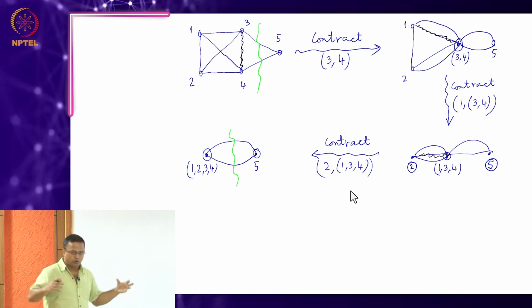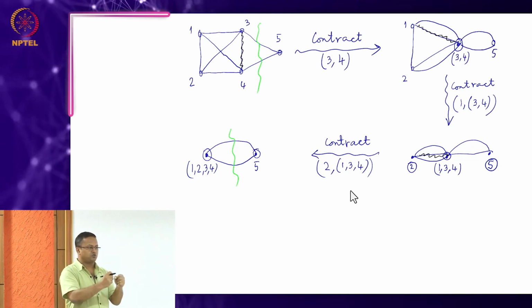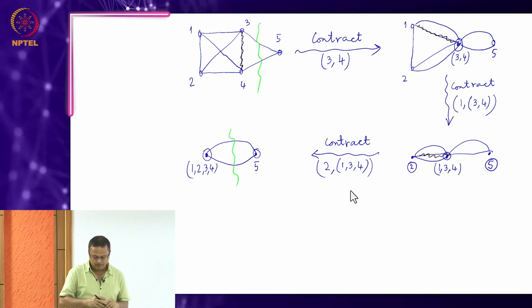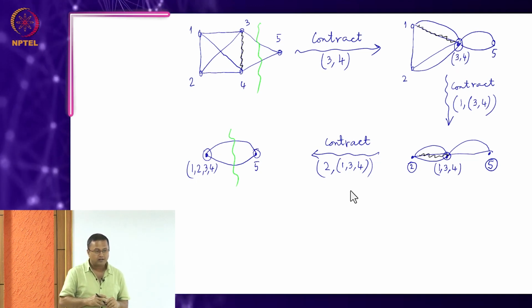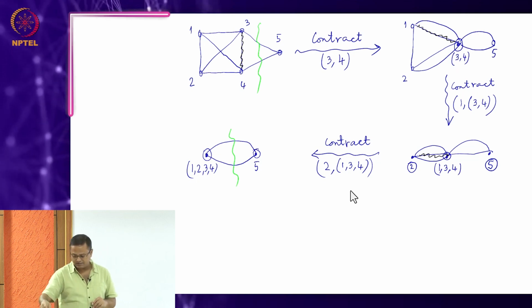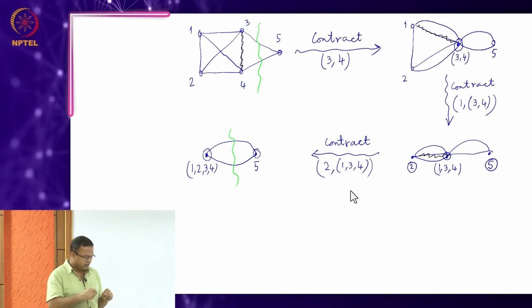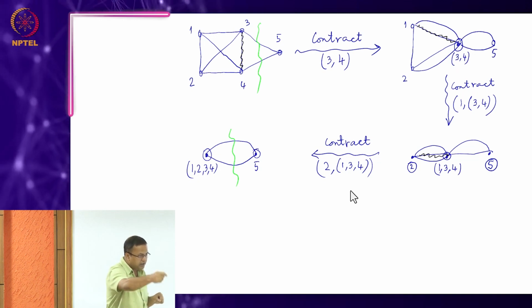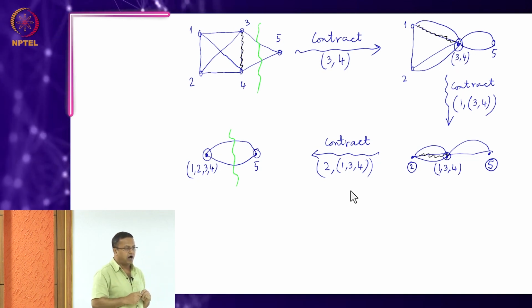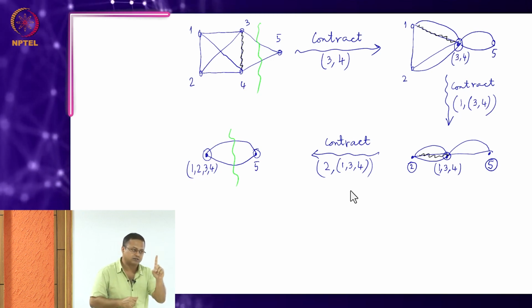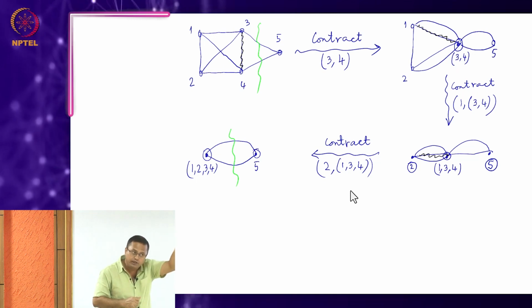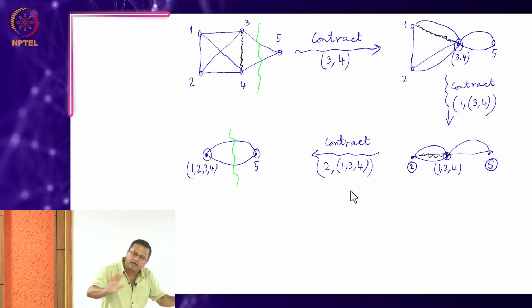When you collapse, all edges between these 2 vertices go away. Now that means if during this sequence of collapsing edges I never touch an edge that belongs to the minimum cut set, then I am done.